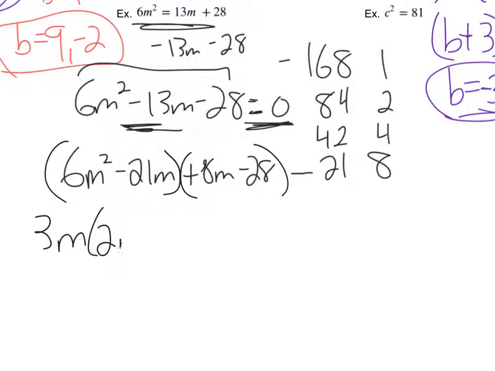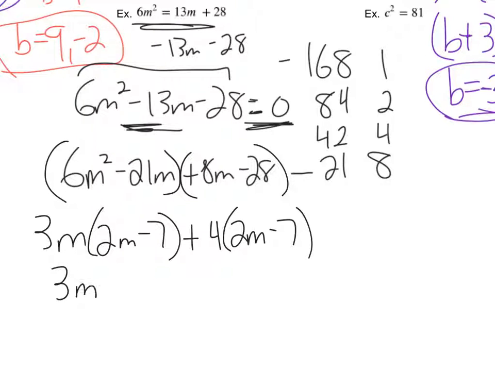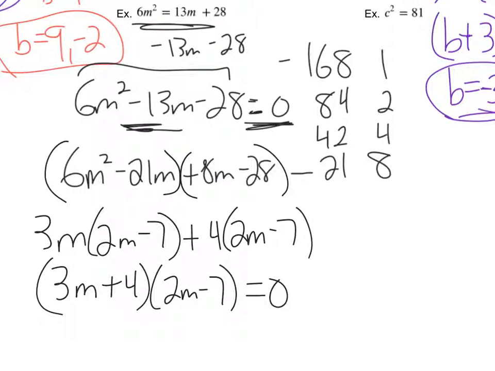Now I'll be left with 2m minus 7. Over here, I can pull out a 4, and I'll be left with 2m minus 7. So I get 3m plus 4, 2m minus 7. Now I'm going to bring back the equals 0.